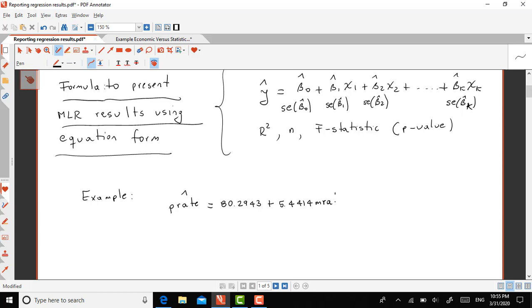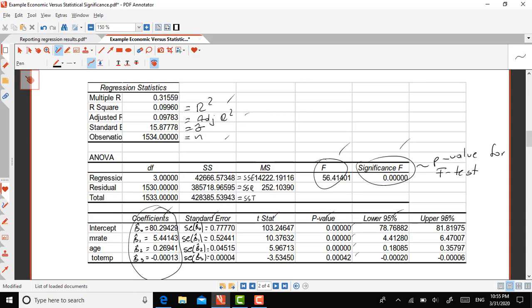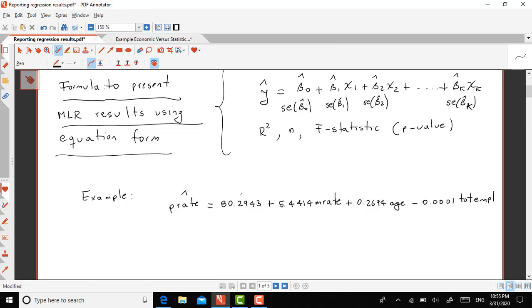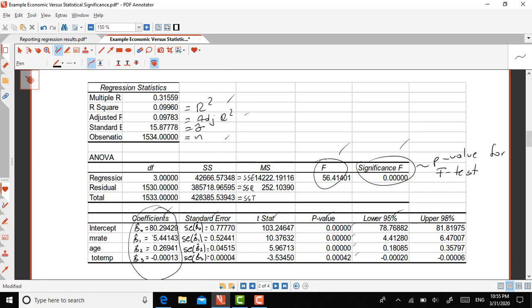This is M rate, plus 0.2694 H, minus 0.0001 total employees. Okay, so again, this is the beta naught, that's the 80.2943 value, 5.4414. You can see it here, the second one, 0.26 and minus 0.01.